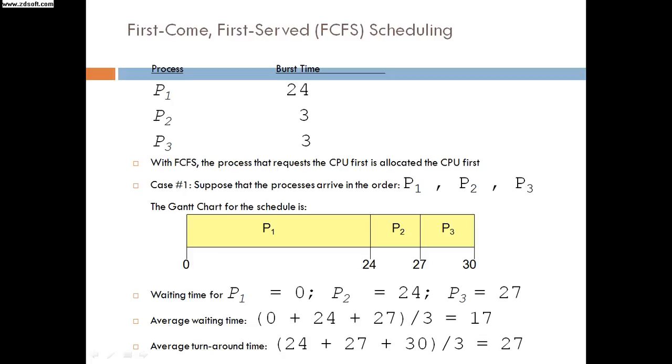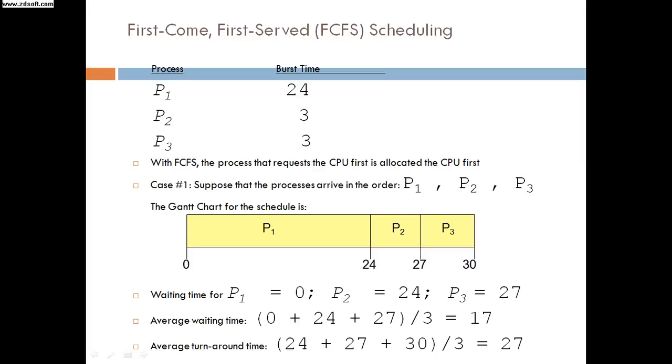We have three processes P1, P2, P3, and the corresponding burst times are 24, 3 and 3. We'll take the millisecond as the time unit. We can pictorially represent the schedule allocated by the CPU as a Gantt chart. Initially the process P1 enters the system and is executed for 24 milliseconds, so 0 to 24, P1 completed.